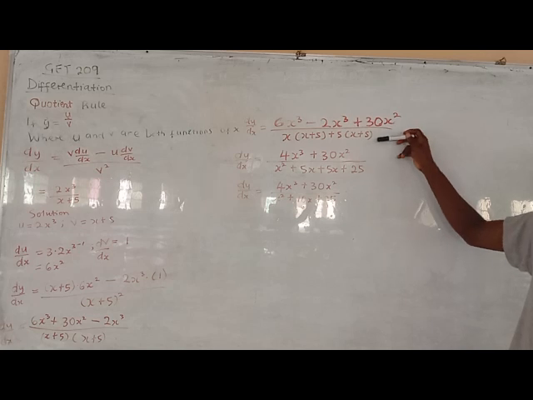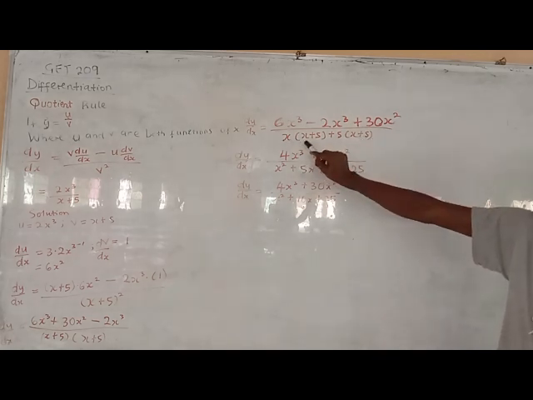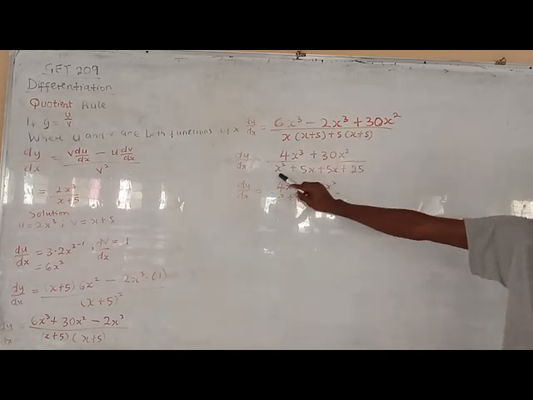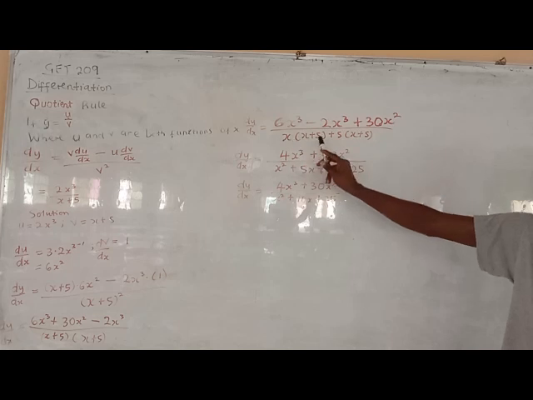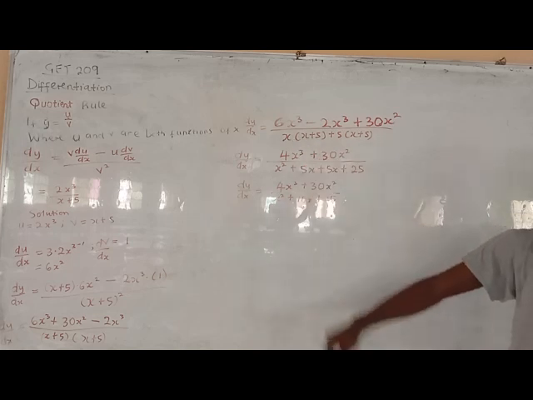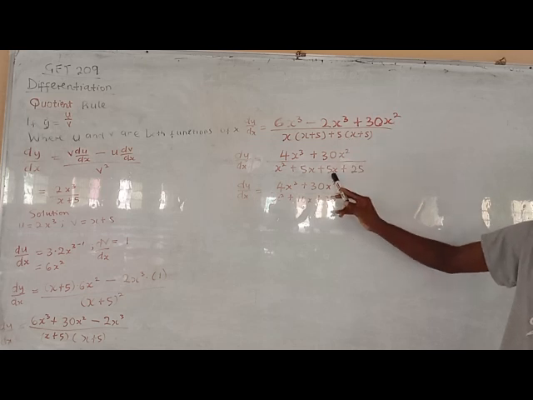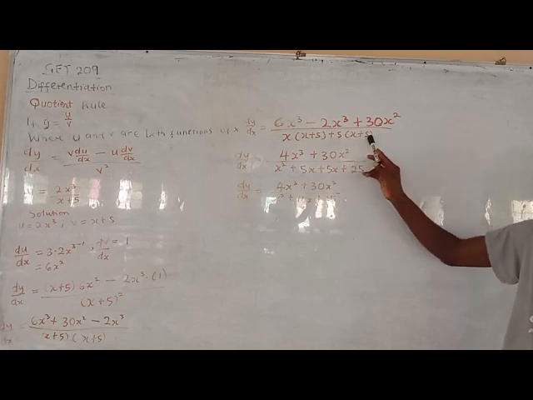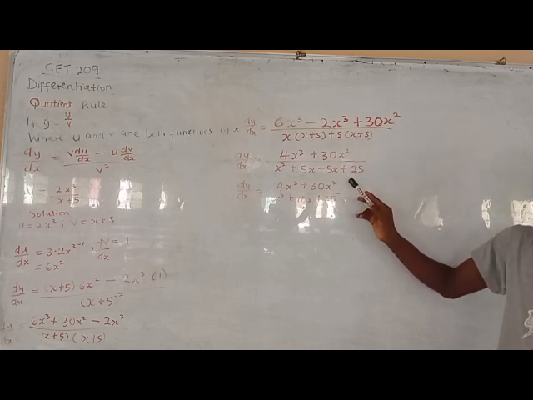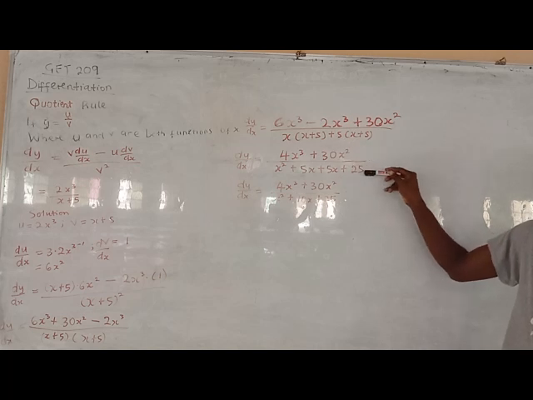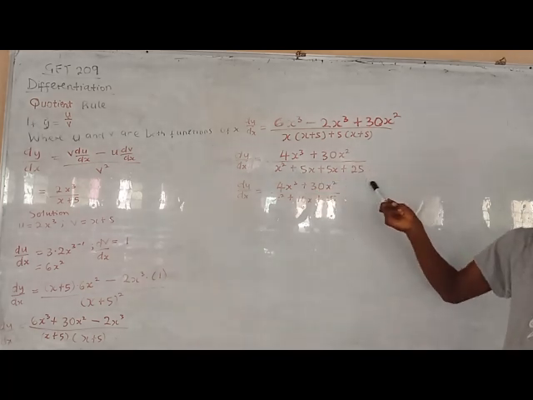Now, if you need it from here, we had that x times x was x squared. x times 5 is 5x. You must always write the number before the letter. So 5 times x is 5x. 5 times 5 is 25. So it's just to expand this, and that's how we got this. So you simplify the bottom.